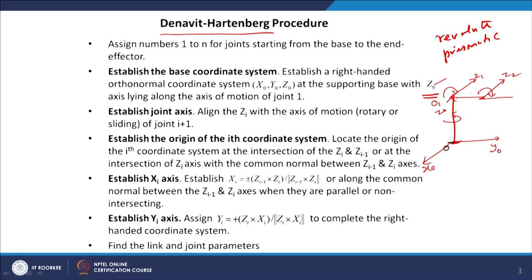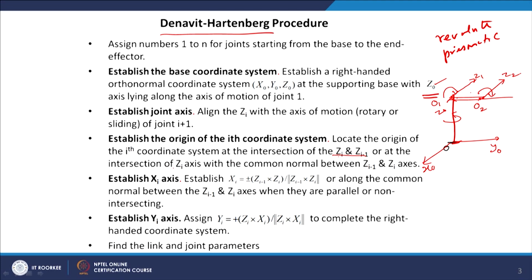If the Z2 axis and Z1 axis are intersecting, then the point of intersection is called the origin. But if they are not intersecting, then the common normal between the two Z axes, where it intersects Z2, is called the origin. So, we can say that O2 is the point of intersection of Z2 and the common normal between Z1 and Z2. The origin is fixed in this way.